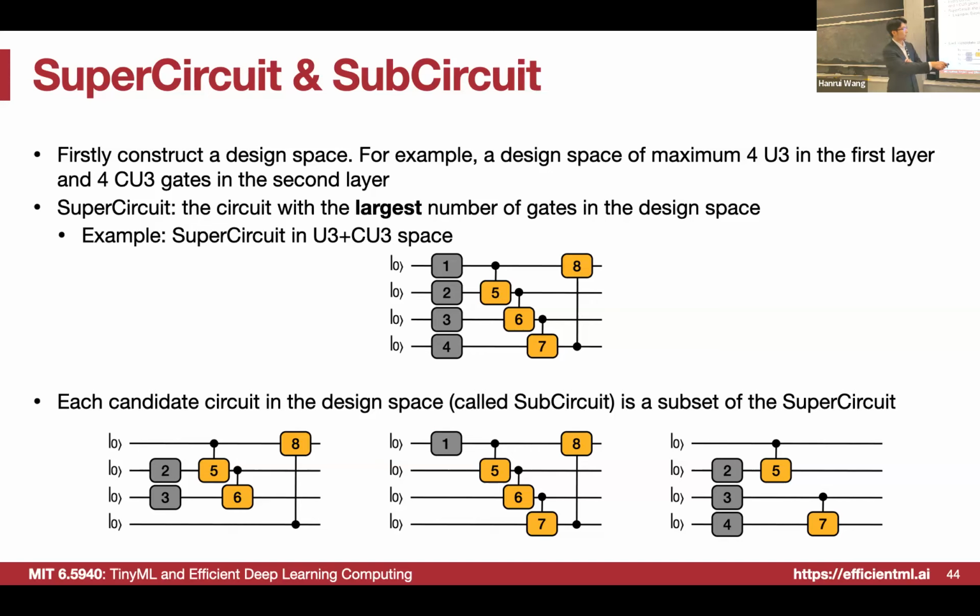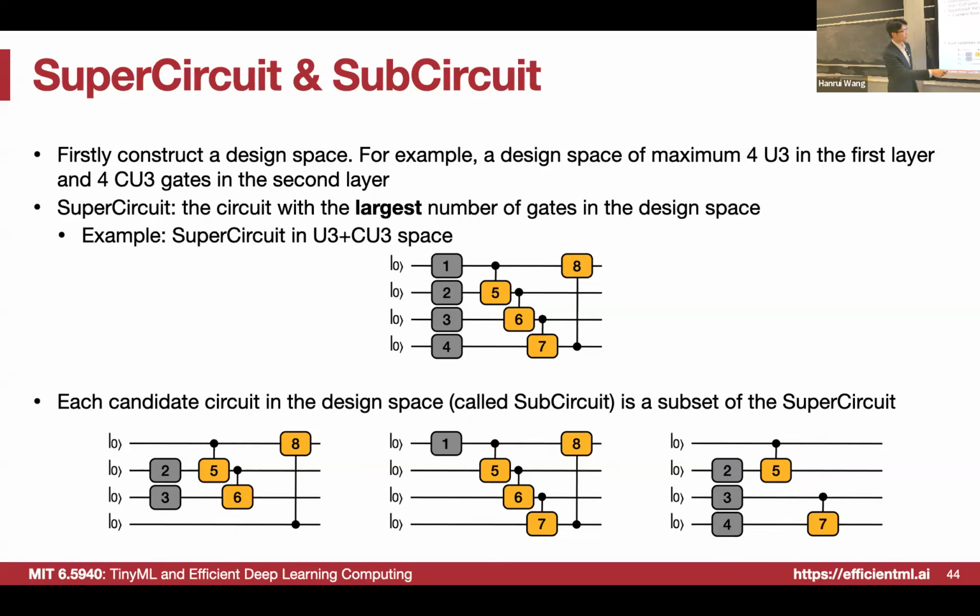For example, we can have this block for many layers, and then select an arbitrary subset from that design space. Maybe some of them are very good for the target device, and some are not. Our goal is to find the structure here. It's not to train the parameters, but just to find a good structure. Then we can use this structure for any arbitrary task, and the parameters will be specialized for the task, while the circuit structure is specialized for the device.